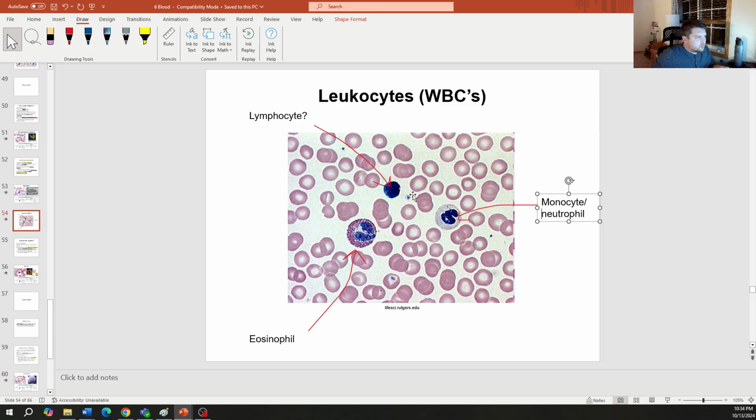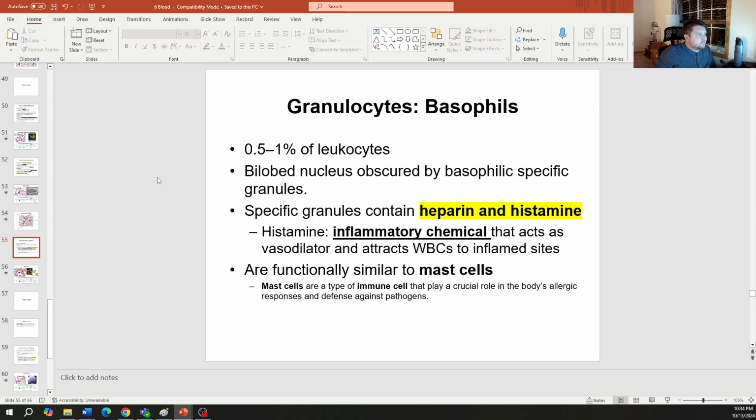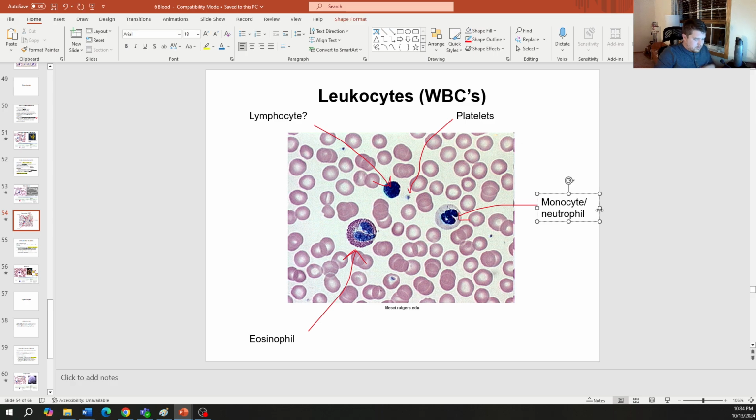And then these little purple dots in here, those are our platelets floating around. Again, I'm not 100% confident on that just because it looks multilobular, but it also kind of has the shape of a monocyte, which we'll look at later.